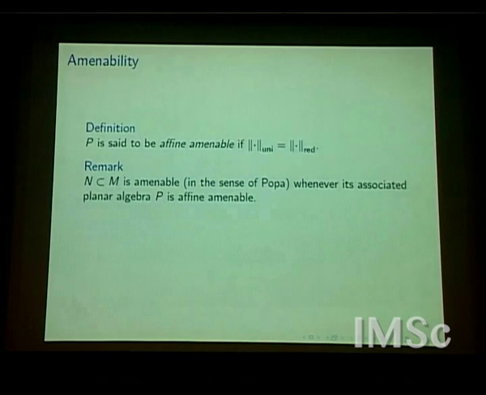So, we could show that if a planar algebra is amenable, then the subfactor is amenable in the sense of Popa, but we do not know whether the converse is true.